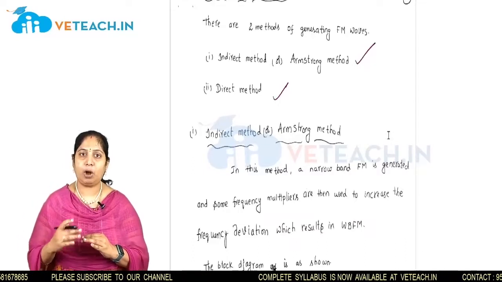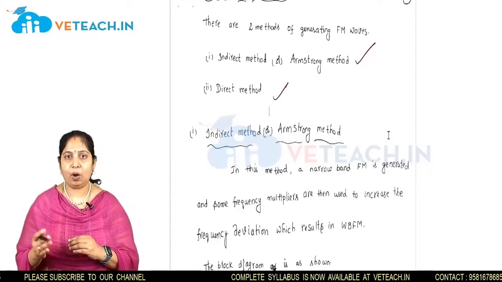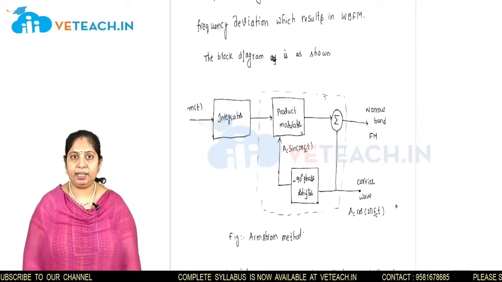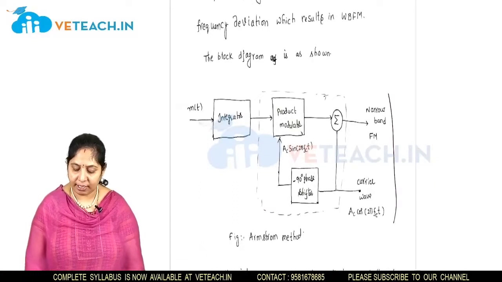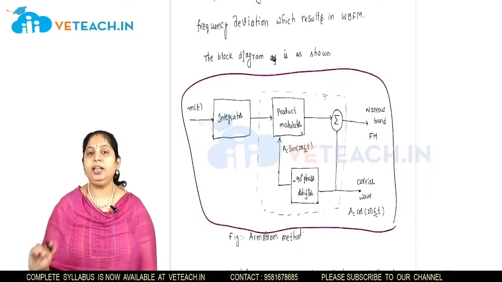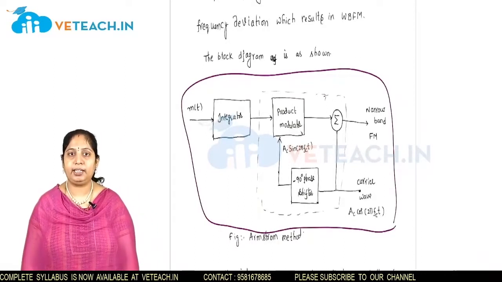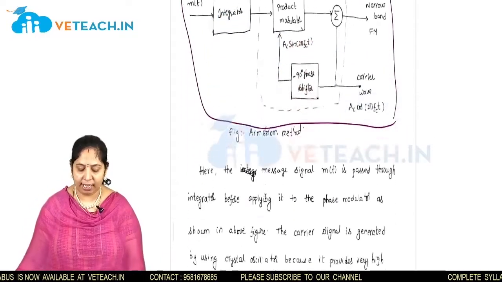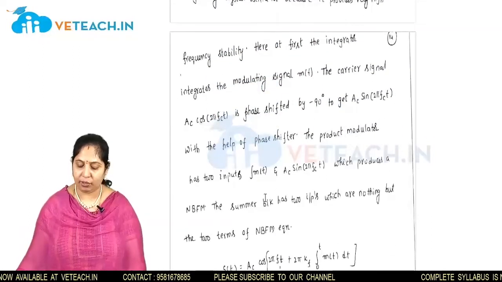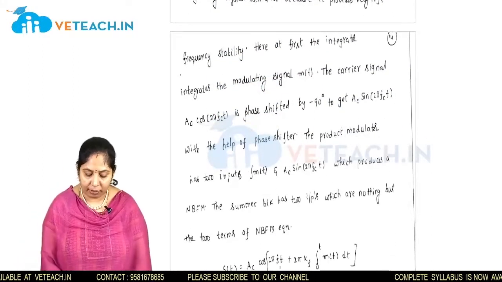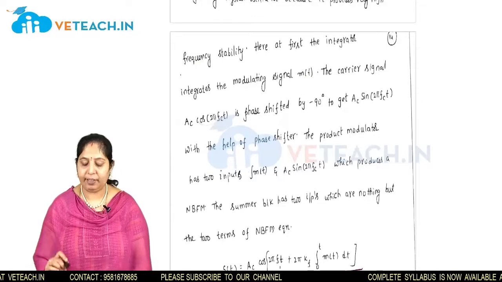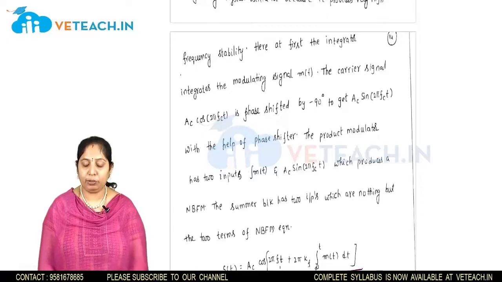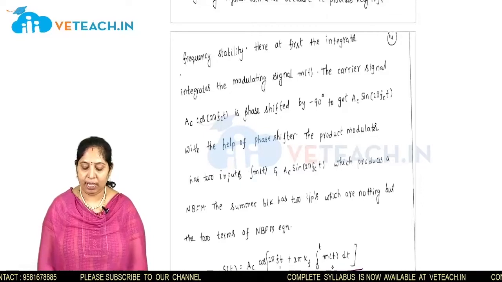This is the block diagram of the indirect method, or Armstrong method. This we already discussed in narrowband FM. This is the generation of the FM signal in the Armstrong method. Finally, which signal are we going to generate? s(t) = Ac cos(2 pi fc t + 2 pi kf integral 0 to t m(t) dt).